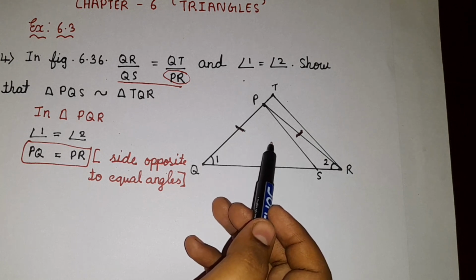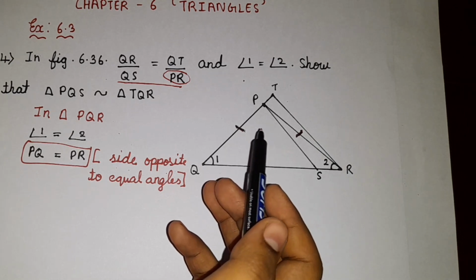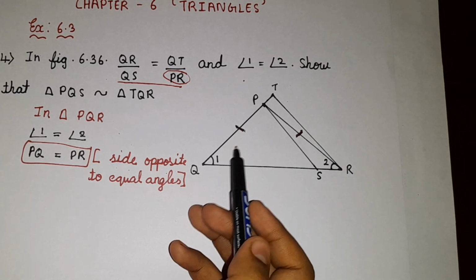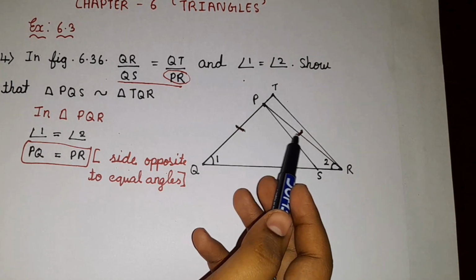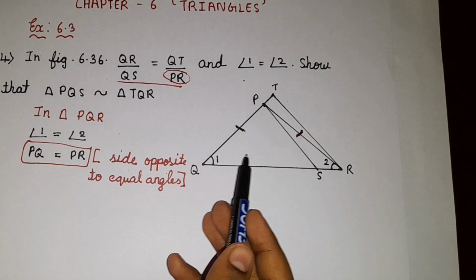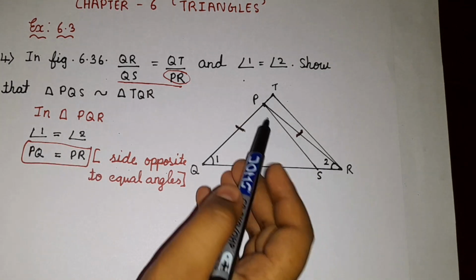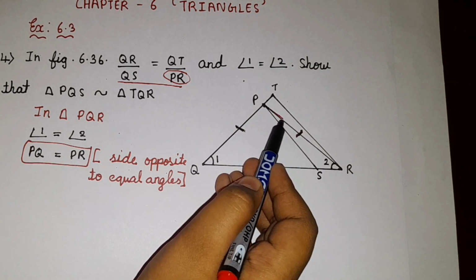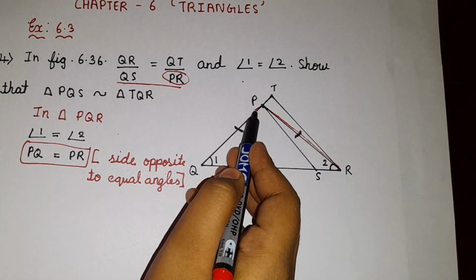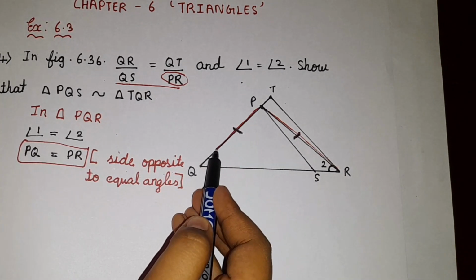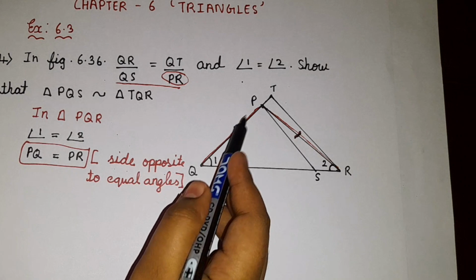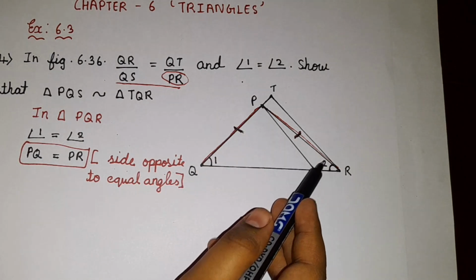That is a new concept, so please guys concentrate on this. When the angles are equal, even the sides of the same triangle are equal. That's why I wrote PQ is equal to PR, that is the side of the triangle. So PR is right over here and PQ is here. These all are sides of the triangle, am I right? So I wrote PQ is equal to PR.